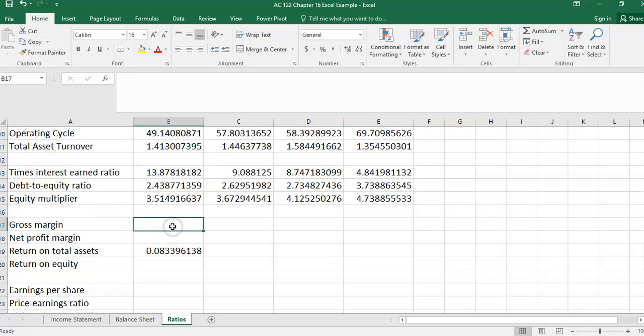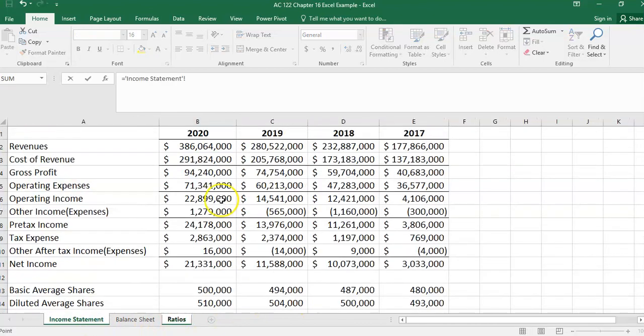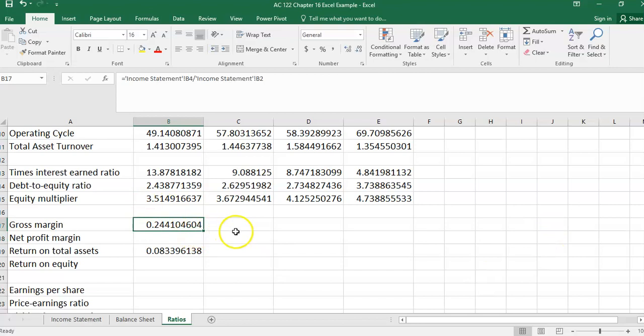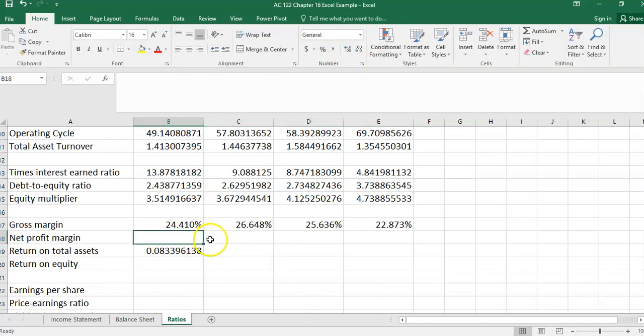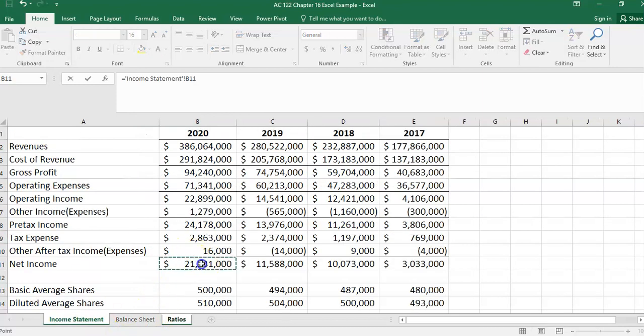Next, we have gross margin ratio. Gross margin ratio is our gross margin divided by sales. Gross margin, or gross profit, divided by revenues or sales. This is generally expressed as a percentage. And net profit margin is net income divided by sales or revenues.